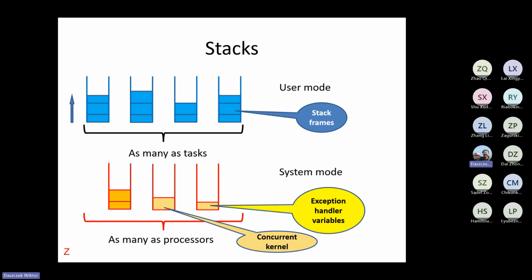So we have as many user stacks as we have tasks in the system. There may be user tasks and system tasks. In a modern operating system, many tasks are internal to the operating system. It's easy to imagine. For example, we delete a file. The file occupies large space on a disk.